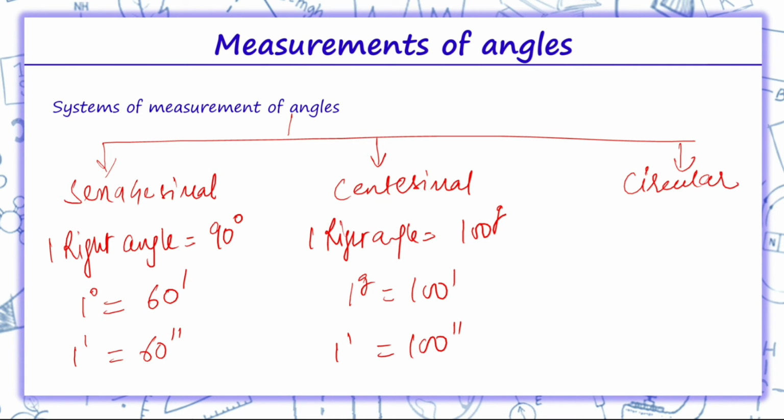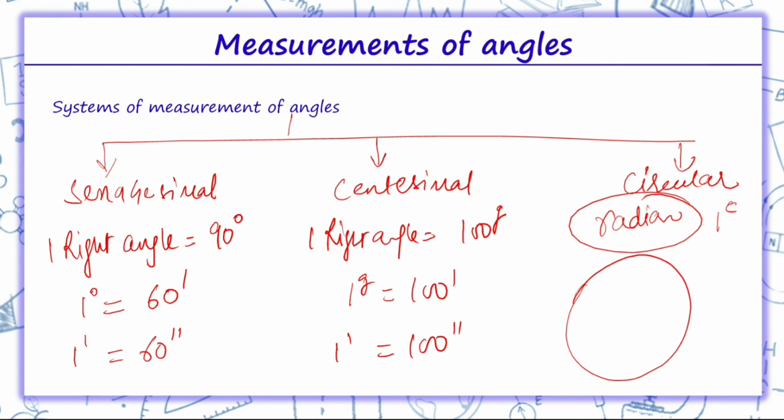Now, the circular system of measurement. In this system the unit of measurement is the radian. What is a radian? One radian is written as 1 to the power c, which is the measure of the angle subtended at the center. Let us suppose this is a circle.